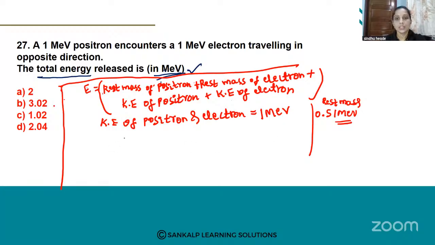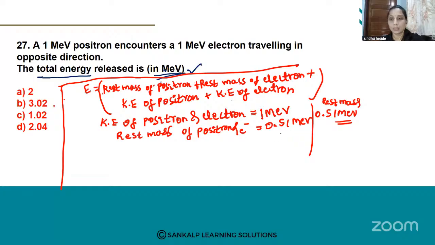Now substitute all this. Kinetic energy of positron and electron is 1 mega electron volt, and rest mass of positron and electron is 0.51 mega electron volt.